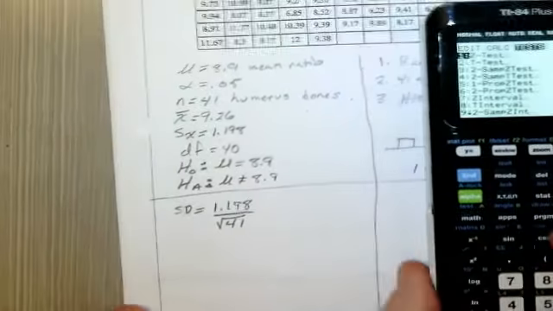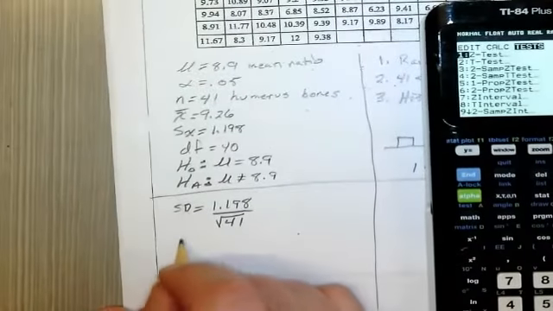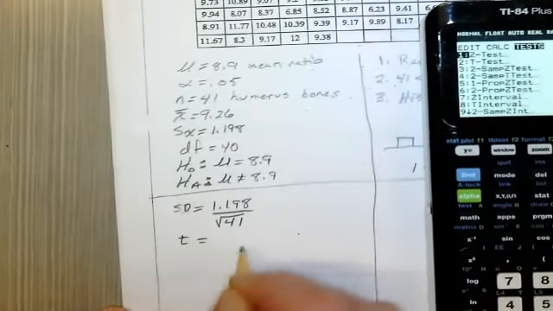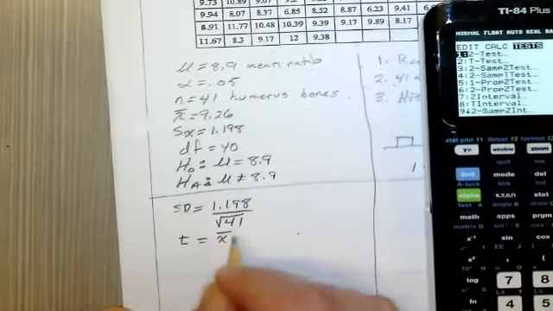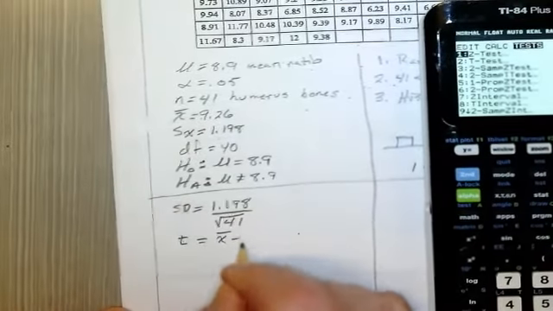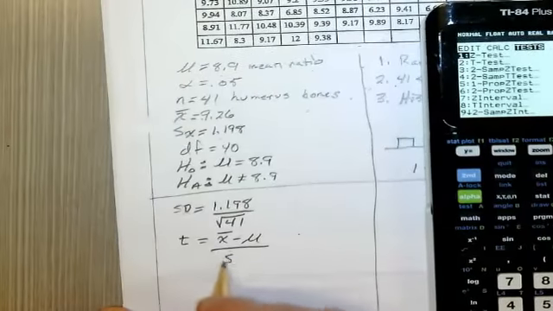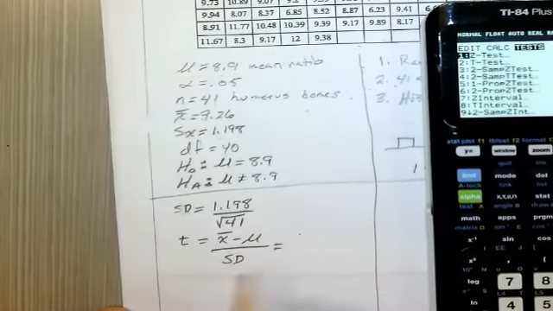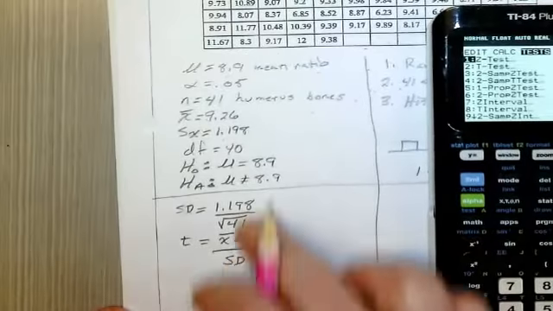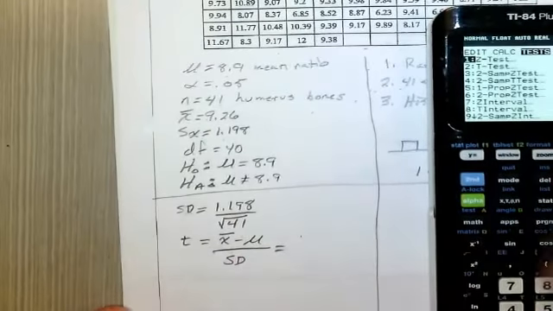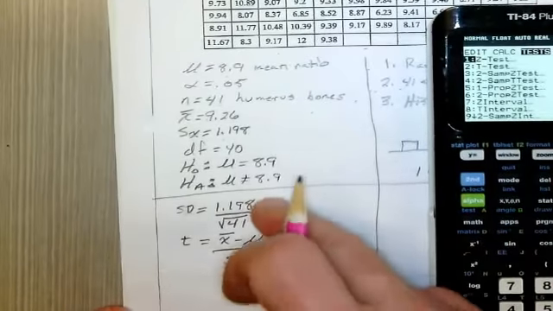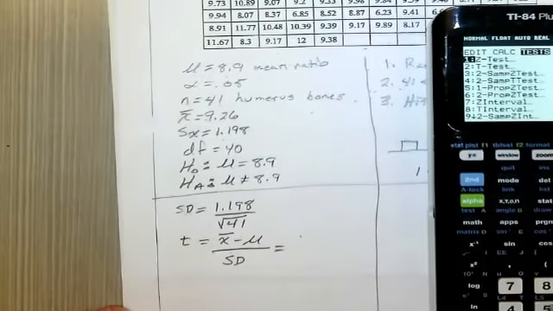I'm not even going to write that number down. Then my t-value has to equal x bar, which we found, minus mu, which we were given, divided by our new standard deviation. I'm not going to punch either of these into the calculator. I'm just going to give the formula, and then run the t-test.